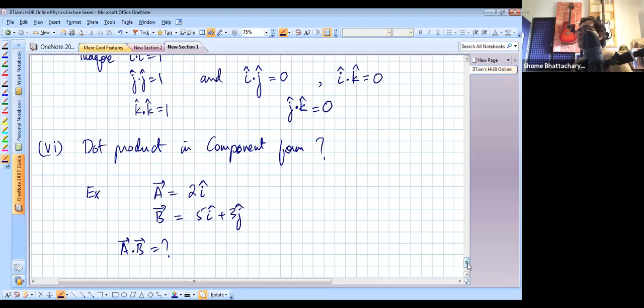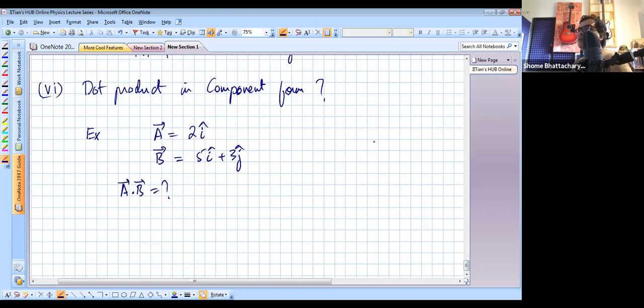I know that in terms of formula, it is AB cos theta, but now I don't know A directly, I don't know B directly, I don't know theta. So instead, I will use the distributive property. Yes, the answer is correct, Kevin. What I'll do here is substitute A and B with their values in component form.